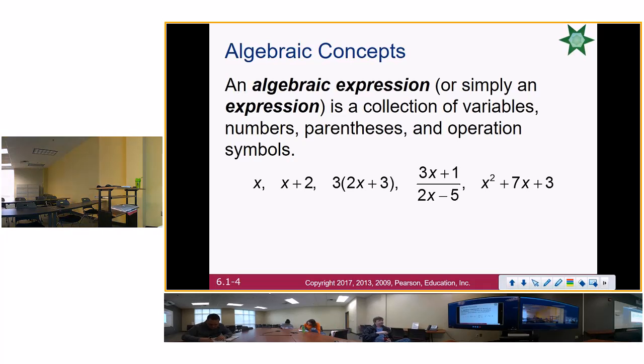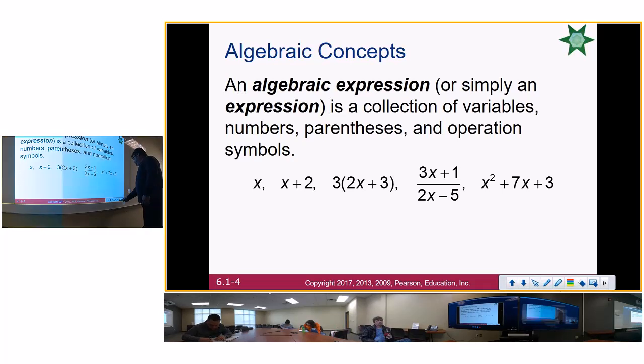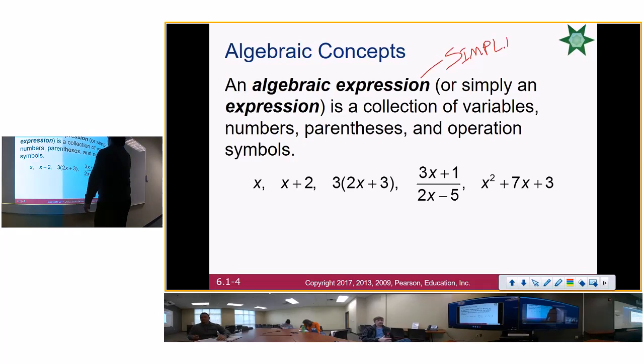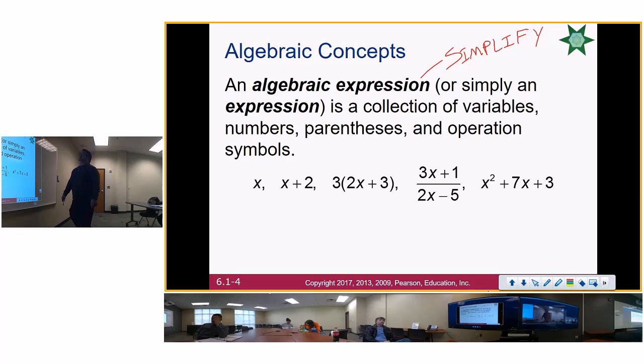So I want you to write in big letters in red: simplify. Because it does not have an equal sign.